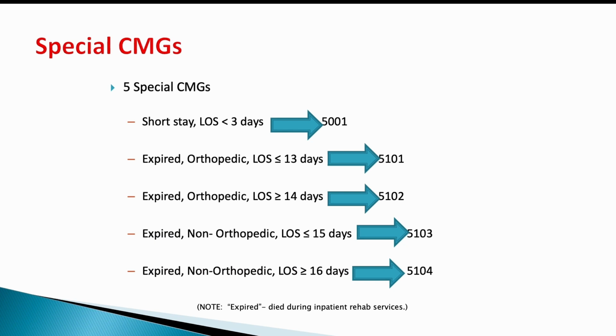Expired, non-orthopedic, LOS less than or equal to 15 days is 5103. 5. Expired, non-orthopedic, LOS greater than or equal to 16 days is 5104. Note: expired, patient died during inpatient rehab services.